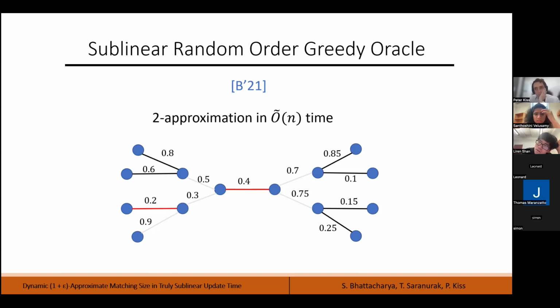Yes? So let's say you're looking at this edge of weight 0.4. To figure out whether or not it belongs to the matching, do you have to query all the edges of weight less than that? So in order to tell for this edge in particular, for this algorithm, you actually have to query every edge in the neighborhood, right? Because either of them could have come sooner. But to continue your queries, you don't need to look at the ones which came after, because those did not affect the matching status of this particular edge.